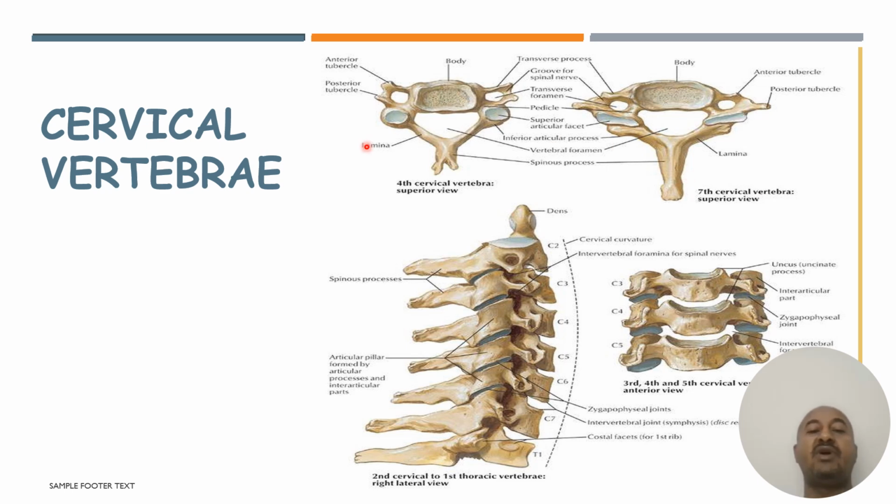Lastly, we'll have a look at the cervical vertebrae. The cervical spine actually consists of 7 cervical vertebrae, starting from C1 to C7. C1, C2, and C7 are considered atypical vertebrae. But the rest, 3, 4, 5, and 6, are typical vertebrae.